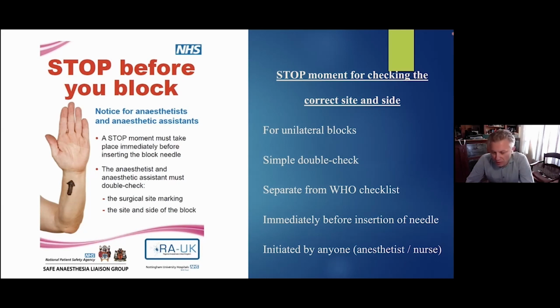Someone asks, we stop, and you check if you're at the right side. It is separate from the WHO checklist. It happens immediately before insertion of the needle, and it can be initiated by anyone, an anesthetist or a nurse or even the surgeon, if he's already in the room, of course.